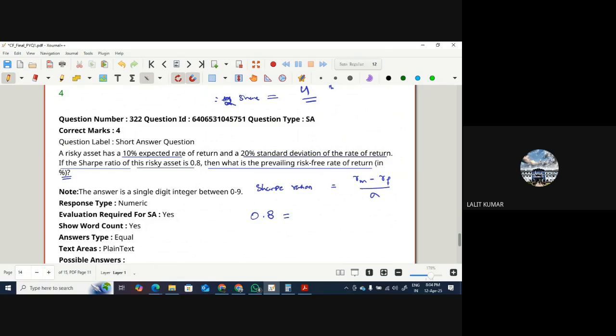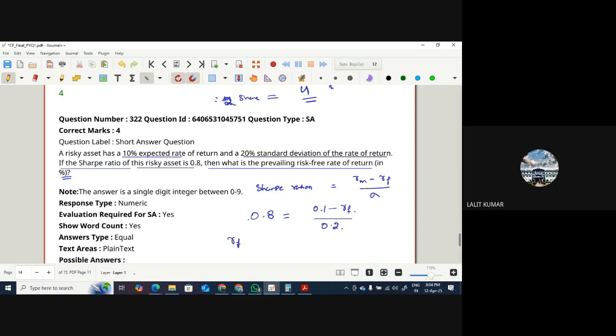Risk-free rate of return. It should be 10 minus 0.1 into RF minus RF. But this is the RF, we have to find RF basically. RF remains like a variable only. And sigma is how much?